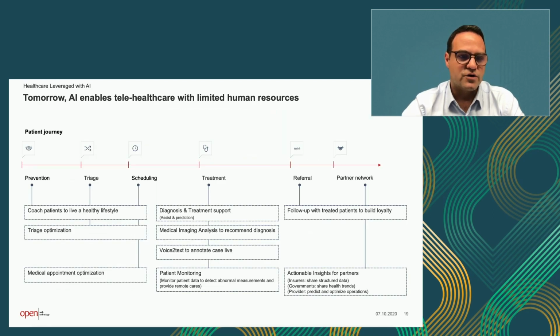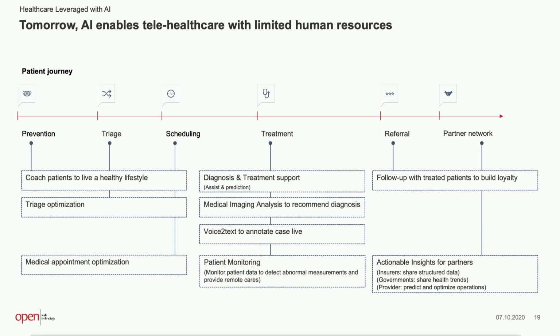There's a lot more that can be done with AI in the telehealthcare world. Most of these algorithms will allow for reducing the cost of the healthcare system, which is something that is hurting households today, but also the shortage of medical people in the world. So we can improve prevention, the triage.